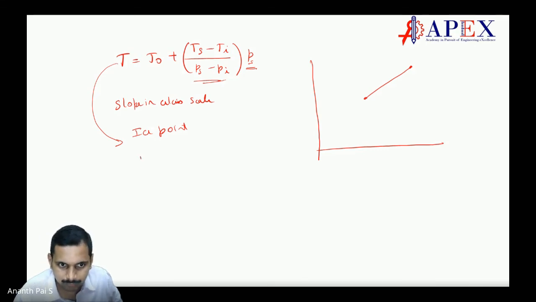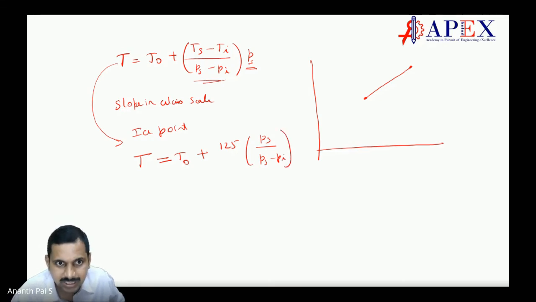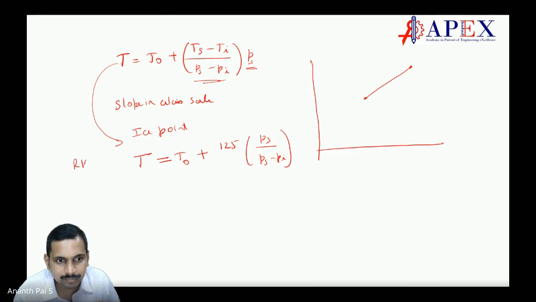So we have the RK scale. In the RK scale, T is equal to T naught plus (Ts minus Ti in RK scale, which is 125) into Ps divided by (Ps minus Pi), correct? This is the same whether it is the RK scale, the Kelvin scale or the Celsius scale.